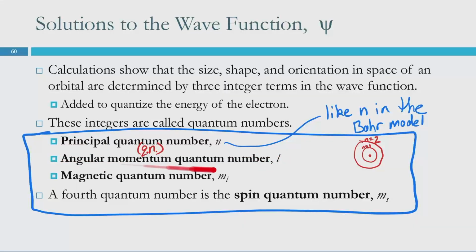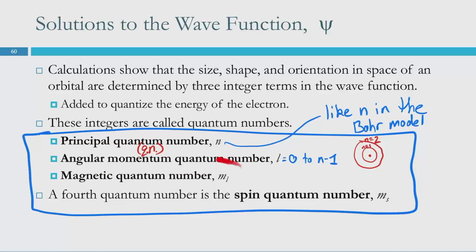We've got the angular momentum quantum number that's based on the principal quantum number. The options for our angular momentum quantum number are based on our principal quantum number. It equals 0 to n minus 1, whatever our n number is.